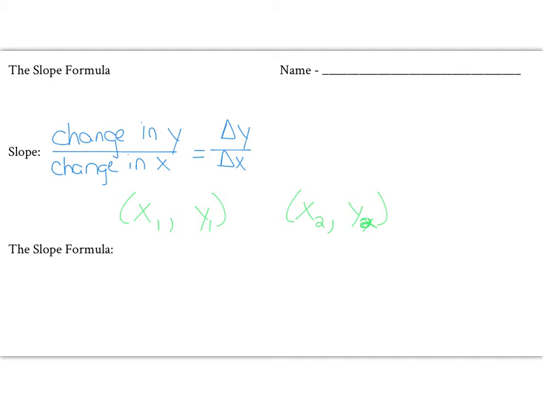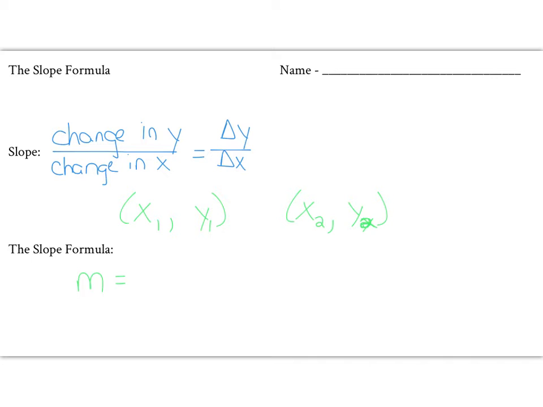Now, the slope formula is this. You may remember that the abbreviation for slope is m. So we say m is, now when we find the change of something, slope is the change in y. What mathematical operation finds the change in something? It's subtraction.